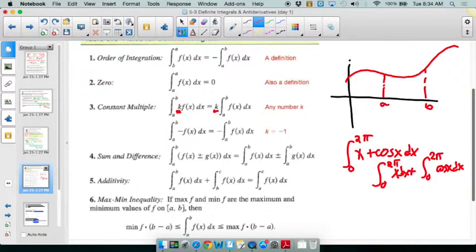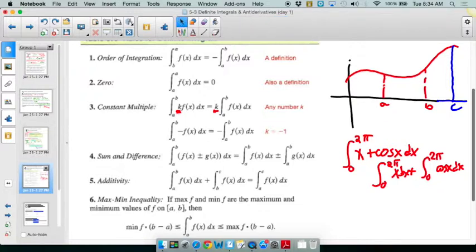And I can add things together. If I want to know the area, or if I want to know the integral from A to B, and then from B to C, I can literally physically add those areas. Those don't overlap at all. So if I want to go from A to B and from B to C, then I can just look at the endpoints A and C. And so we're going to use these properties to determine the area of things.